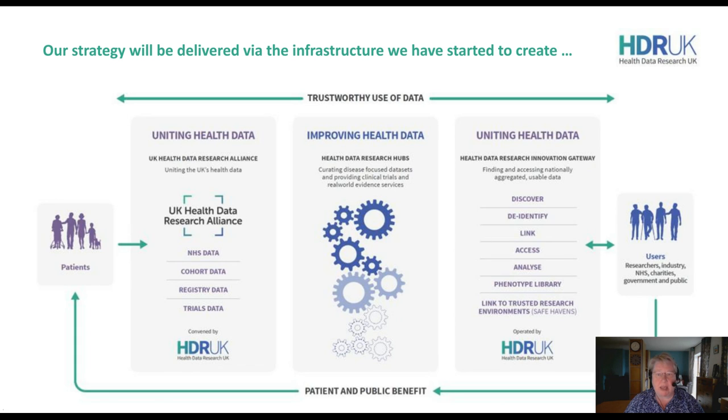And then on the right-hand side, these are surfaced through the Health Data Research Innovation Gateway, which is essentially the shop window where researchers, whether those are academic or commercial, can come and discover, link, access, analyze, and the data are appropriately de-identified for the users.